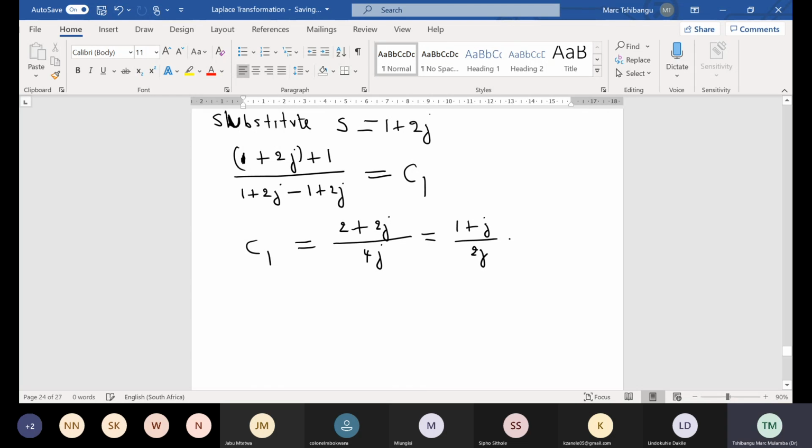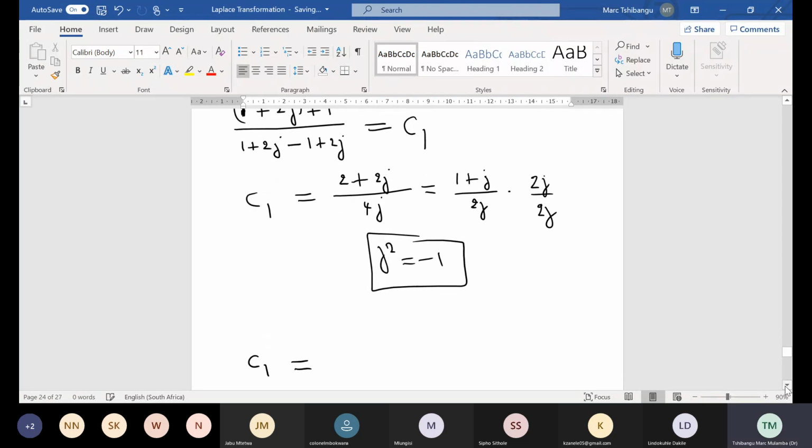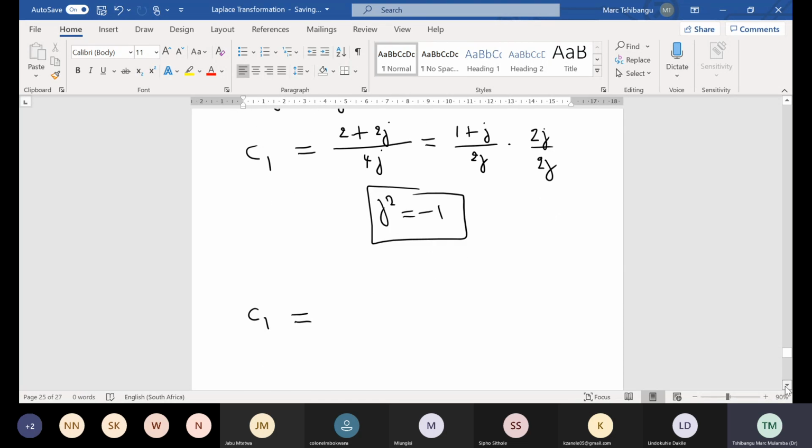So we want to remove the imaginary term at the bottom. So we times the numerator by 2j and the denominator by 2j. Remembering that j squared is equal to -1. So we can say C1 is equal to (2j into 1 plus j) over 4j squared.